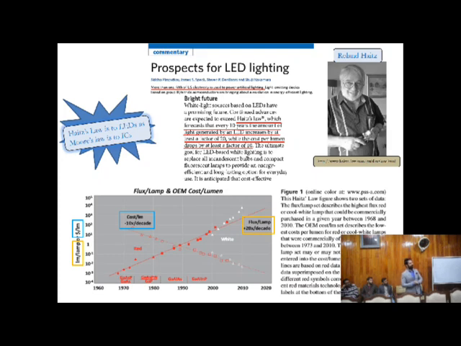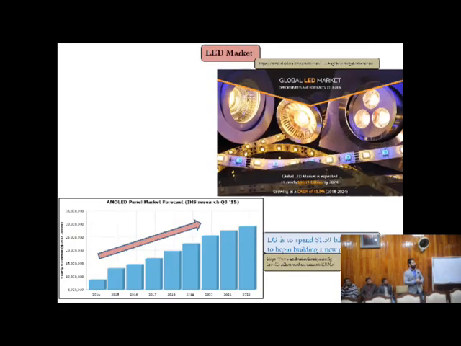So far the trend shows that this law is being followed, as we know Moore's law. And this guy that you see is the guy to whom this law is related. So next, LED market, skip.